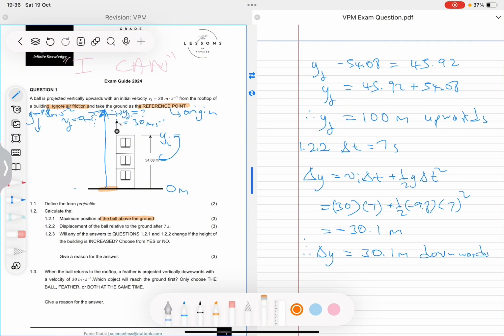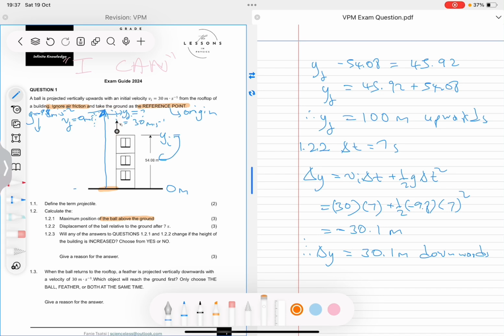That makes sense because 7 seconds is quite a lot of time. And in fact, if you go and check the time that it takes for the ball to come here, it's about 3 seconds. So it means to come back here is another 3 seconds, because we know that the time it takes to go up is the same as the time it takes to go down. So you add a little bit of 4 seconds here, the ball will be somewhere here, right?